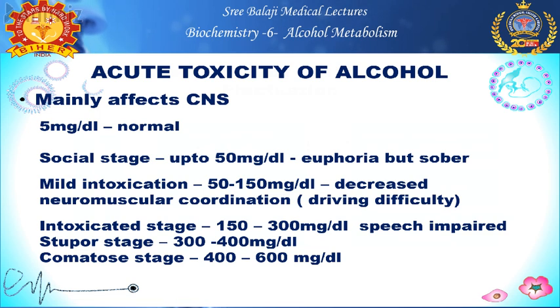Mild intoxication is between 50 to 150 mg per dl, which leads to decreased neuromuscular coordination, so people may feel difficulty in driving. The intoxicated stage is between 150 to 300 mg per dl, which leads to speech impairment. Stupor stage is 300 to 400 mg per dl. Coma stage is 400 to 600 mg per dl.